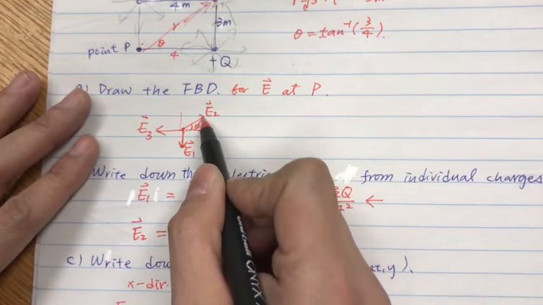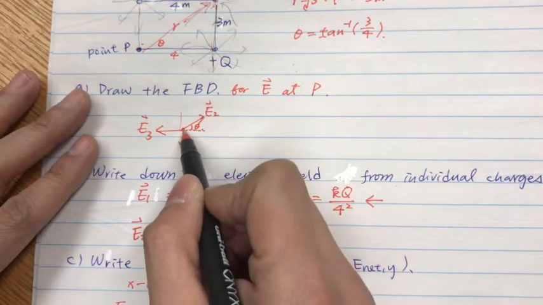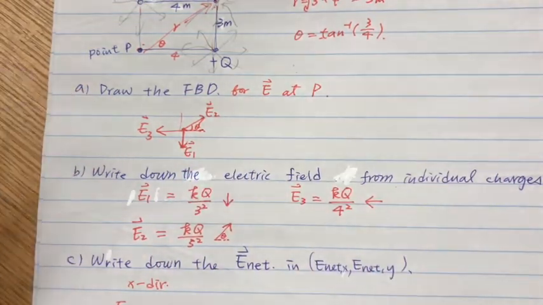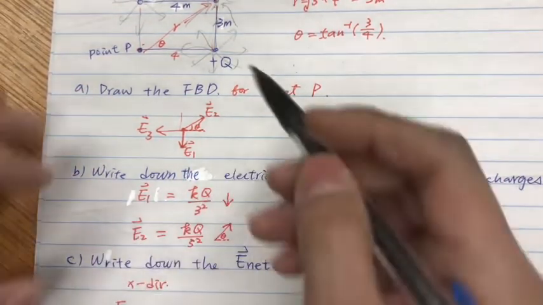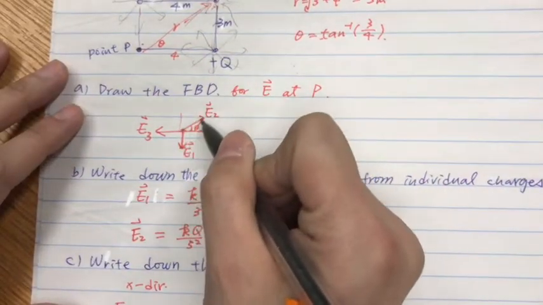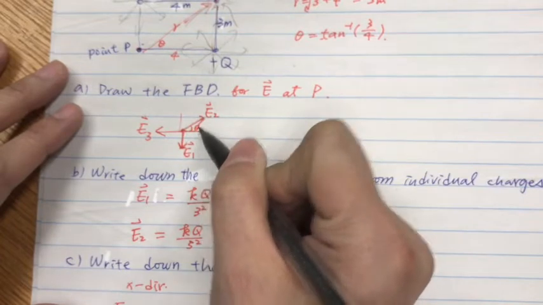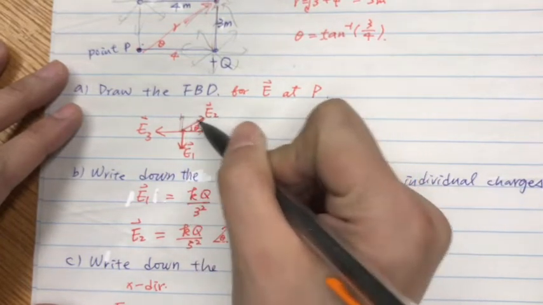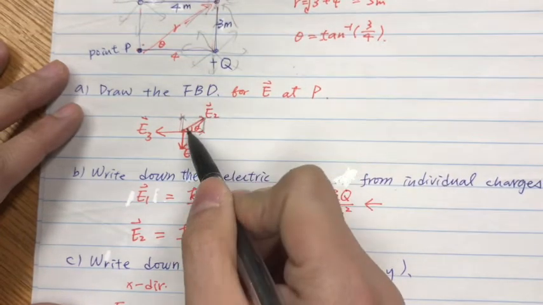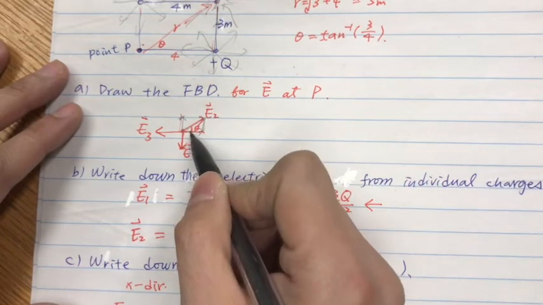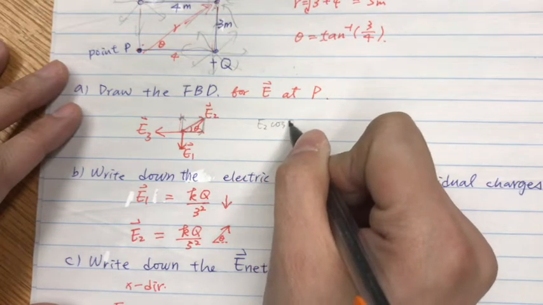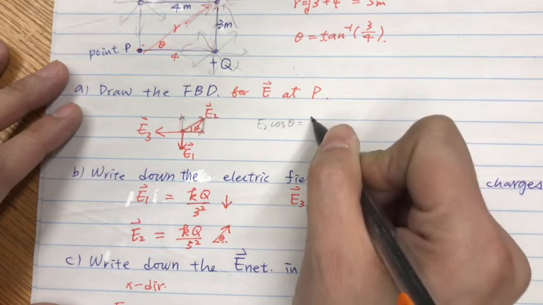So let's see. This one, E2, what's its x component? This is a good time to review your trigonometry. So this is E2. E2 has an x component and a y component. If we draw a triangle here, you can see E2 times cosine theta will give you the x component.